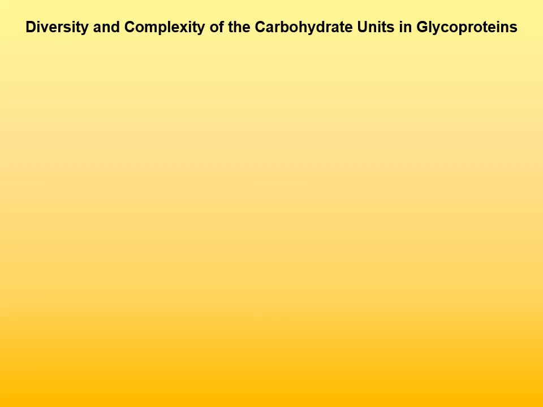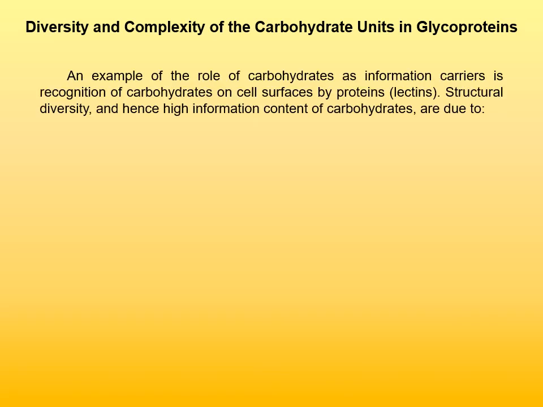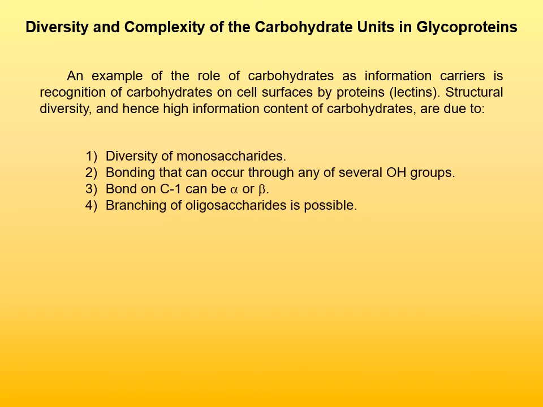The structural diversity in general, not only in the case of lectins, and the relatively high information content of carbohydrates is due to a diversity of monosaccharides. There is a very large number of different monosaccharides. Bonding can occur through several OH groups of a monosaccharide, bonding on the anomeric carbon, carbon C1, could be alpha or beta, and branching of oligosaccharides is possible.